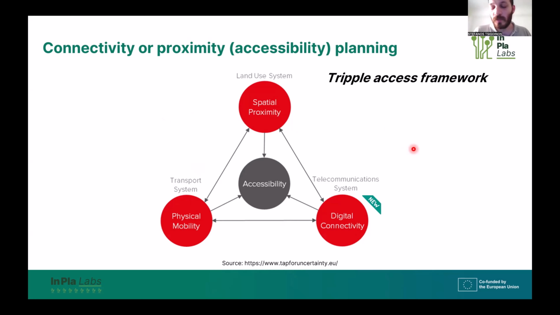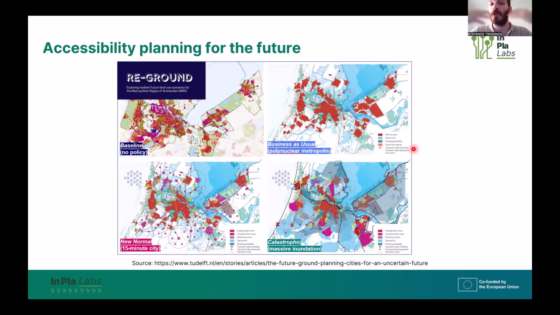And of course, it would give us a third pathway into the dilemma between physical mobility, also known as connectivity, and spatial proximity, also known as proximity. So with that, we can build new scenarios.